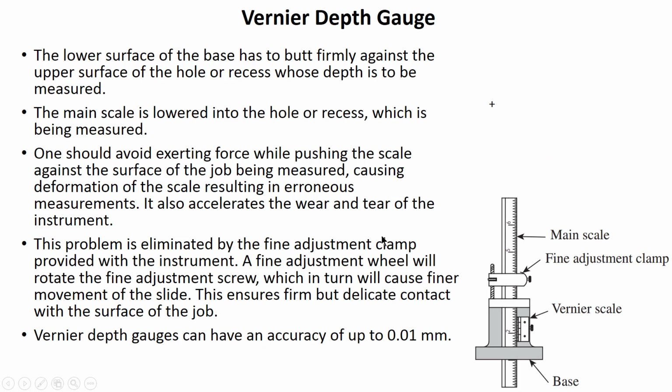Some of the points which we need to remember while using the vernier depth gauge. First point which I told: there is a base, and that is fixed, or you can say placed firmly against the upper surface of the hole, and the main scale is lowered down into the recess.